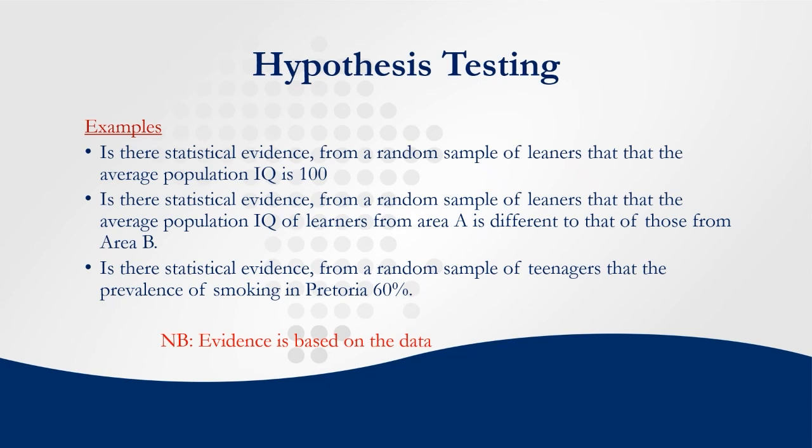So you are claiming that the population IQ is around 100, and then you will use a sample to see if there is evidence. But the claim is about the population; the sample comes in as what we will be using to gather evidence.